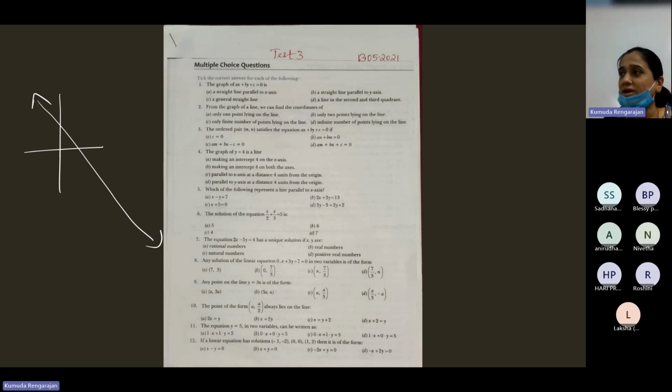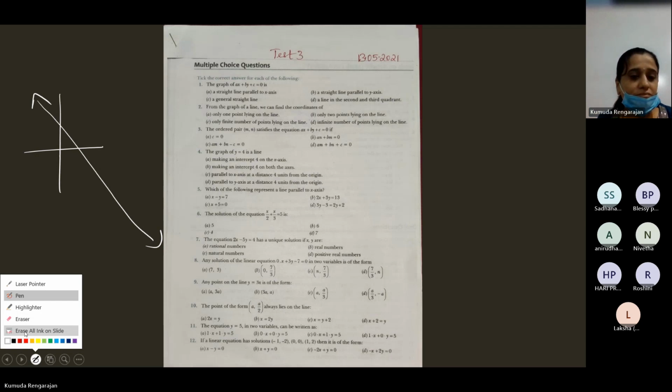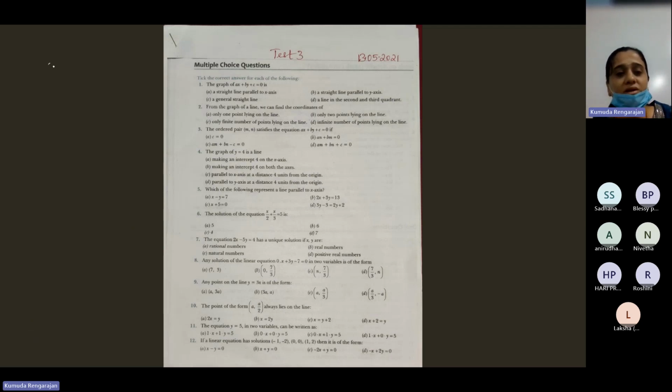Every point on the straight line is a solution to the linear equation. Every point lying on the straight line will be a solution to the given linear equation. So for the second one, the correct option is D: infinite number of points lying on the line.